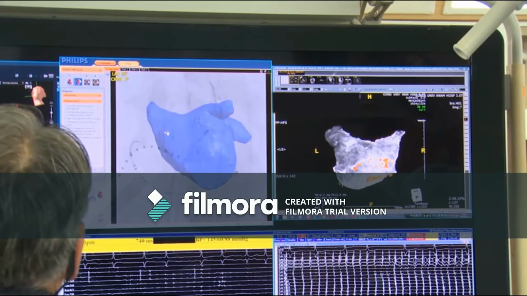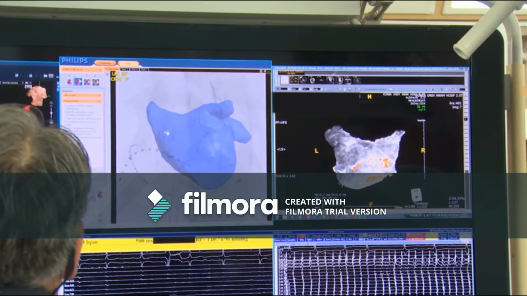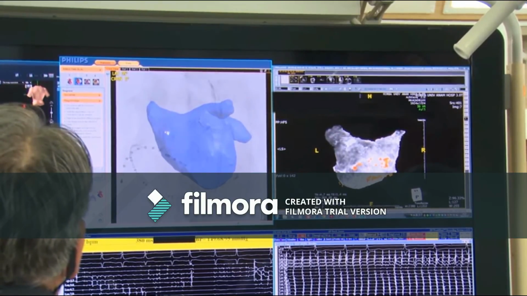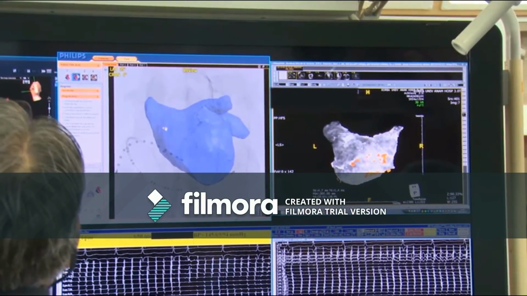Also, I like to make sure of the location of the ridge. Array of these here.